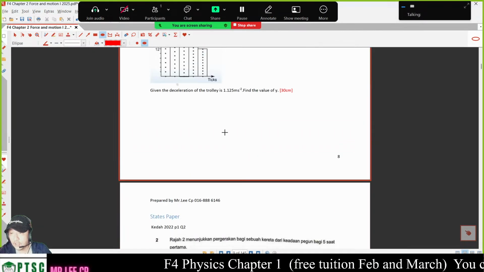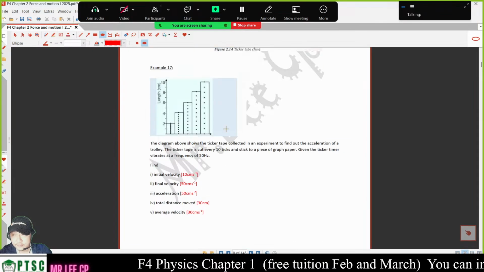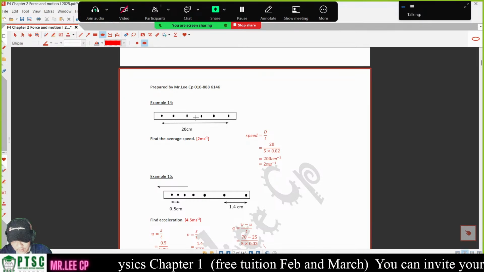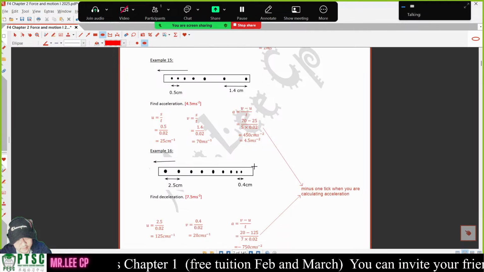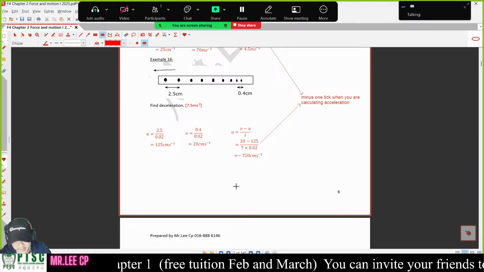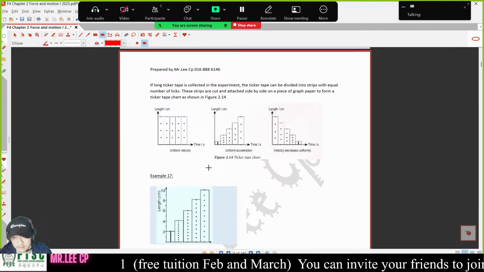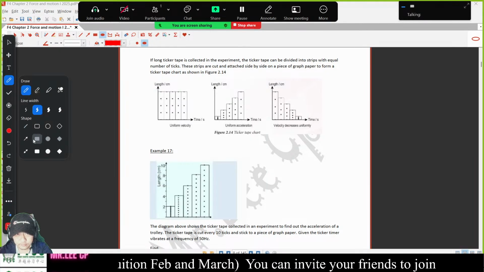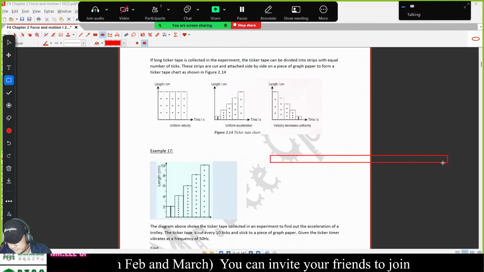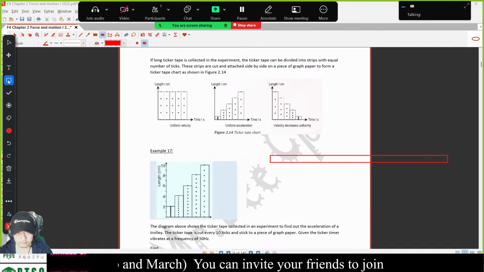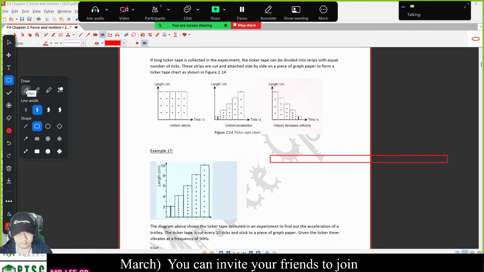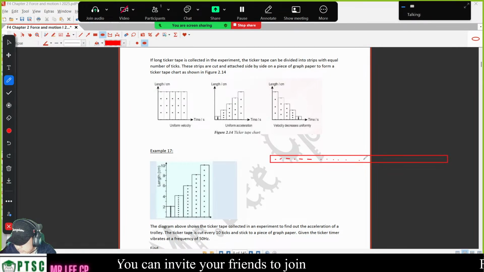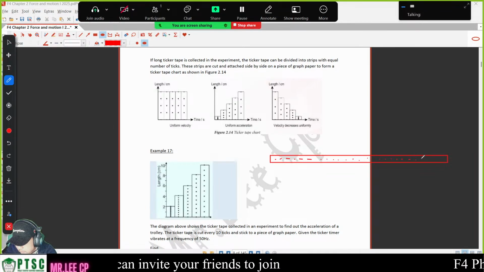So we continue from here. Okay, remember when you calculate velocity, no need to minus 1. When you calculate acceleration, you need to minus 1 tick. But if the ticker tape is collected, for example, I got this kind of ticker tape with a lot of ticks here.